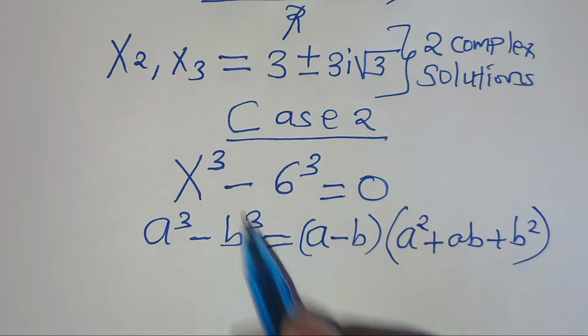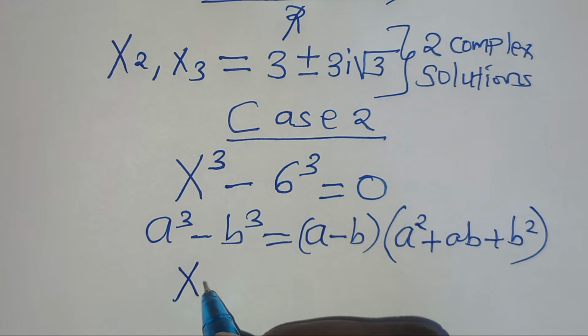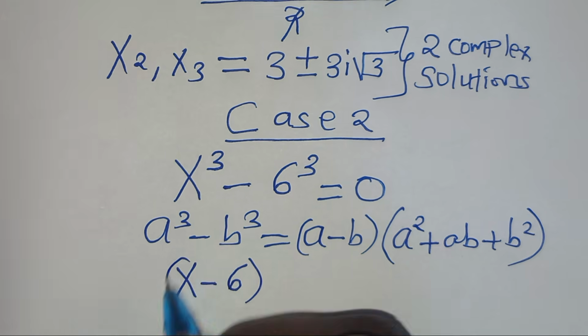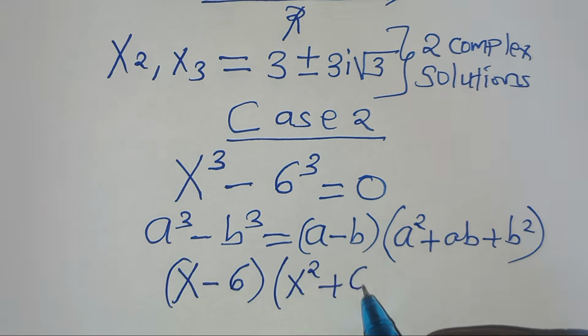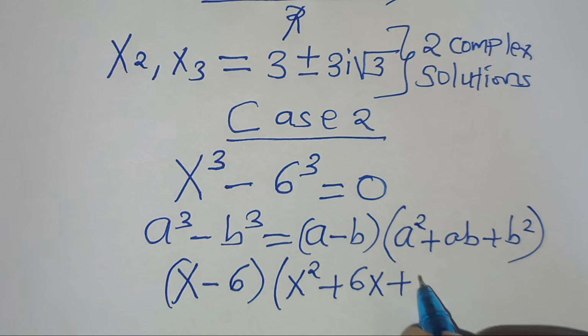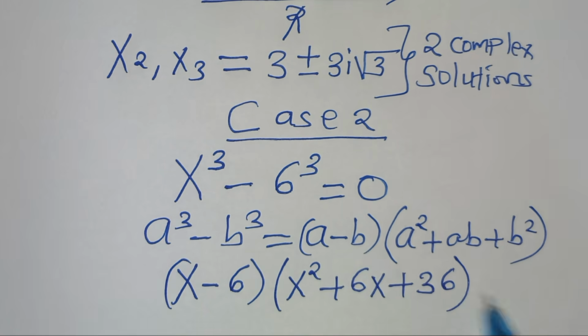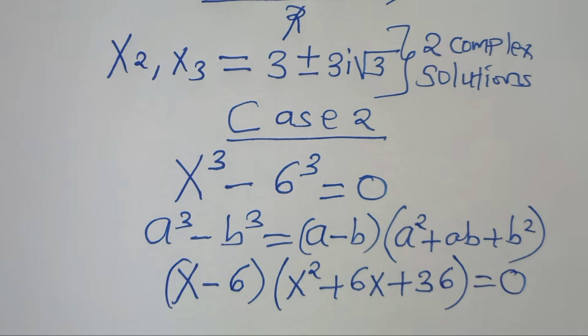Applying this identity, we have x subtract 6, then we have x to the power of 2 plus 6x plus 6 squared, which is 36. This is equal to 0.